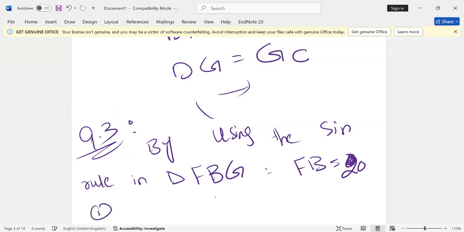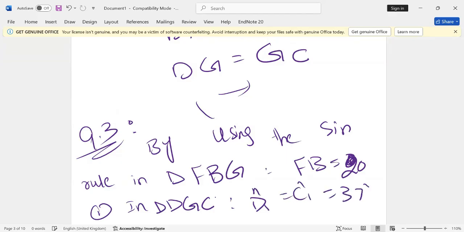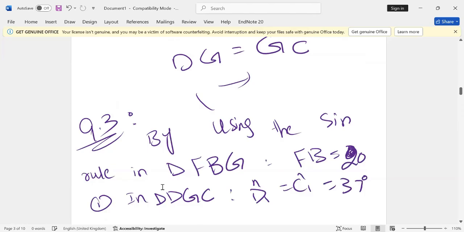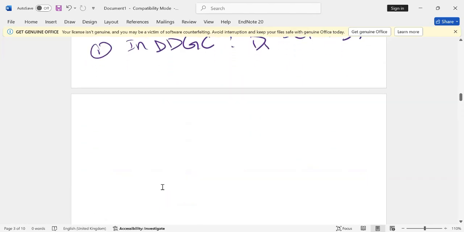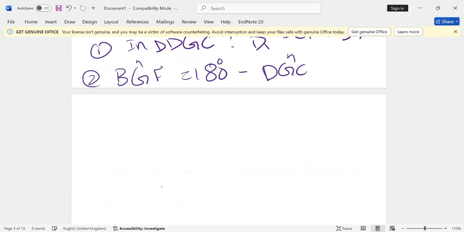Okay, so the first point we have to make, in triangle DGC, we have D1 equals C1, that is equal to 37 degrees. Okay, so from the triangle BGF, the second point, BGF equals 180 degrees minus DGC, okay?